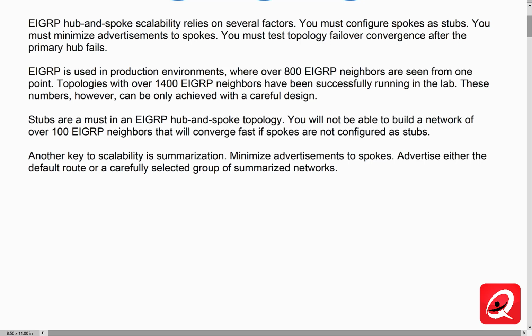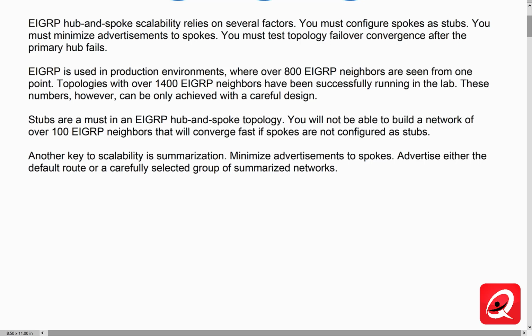All right. If we have over 800 EIGRP neighbors, that would probably be a good scenario where you would start to consider doing that query scoping. If you have over 1,400 EIGRP neighbors, and that's been done by Cisco in a lab environment, realistically, is that something that you're going to see in your own enterprise? Probably not.